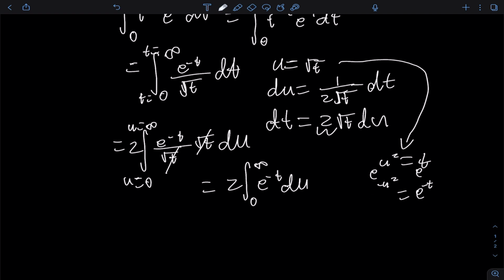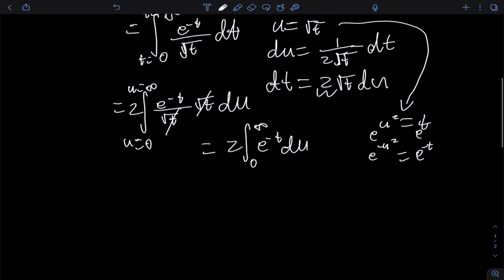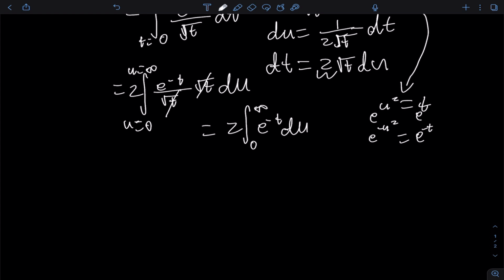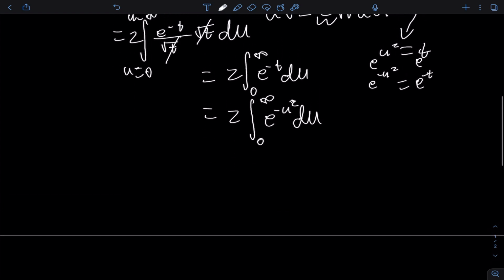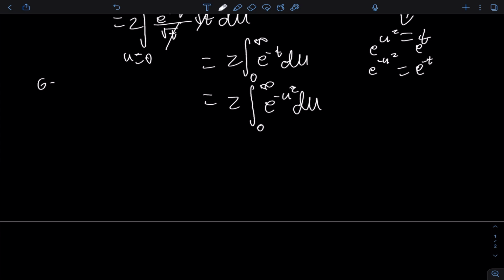So this e to the negative t in the u world is really just the integral from 0 to infinity of e to the negative u squared, that's a key fact, du. And what is this? Well, this is actually a very, very famous integral called the Gaussian integral.